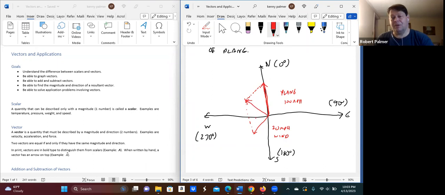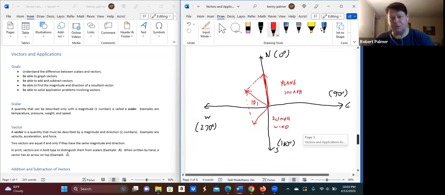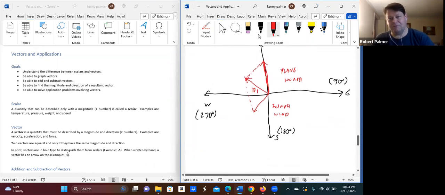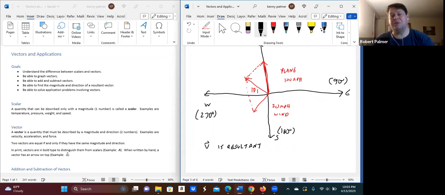Let's just call that V, the magnitude of V, so our vector V. And that's a resultant. So vector V is the resultant, and we want to find the magnitude and also this direction with respect to due north.